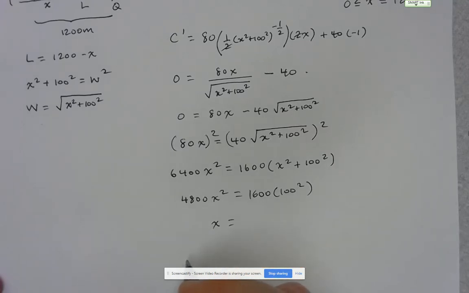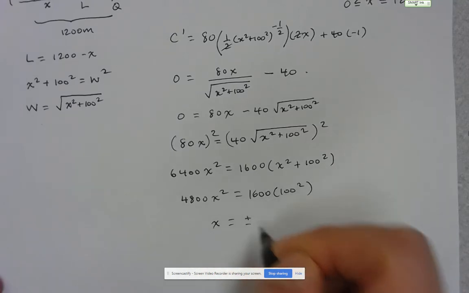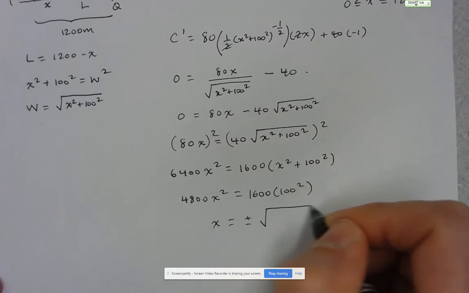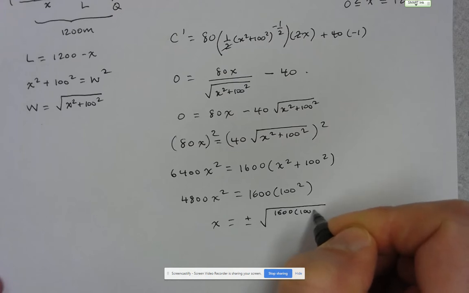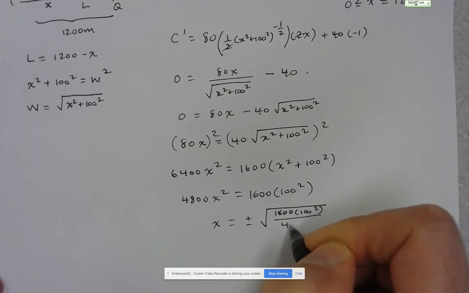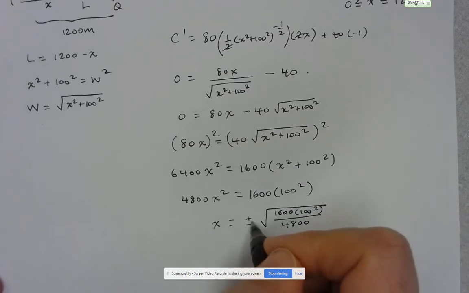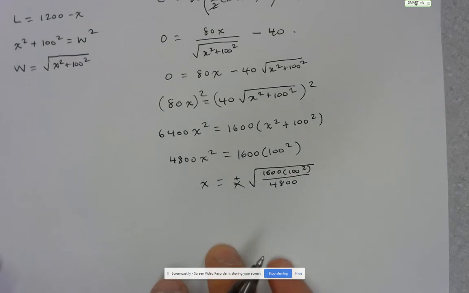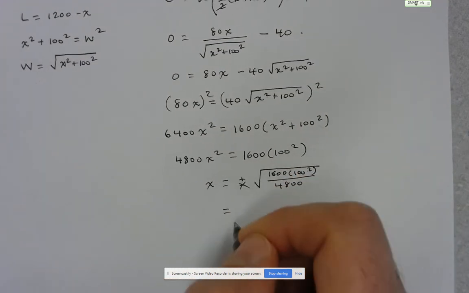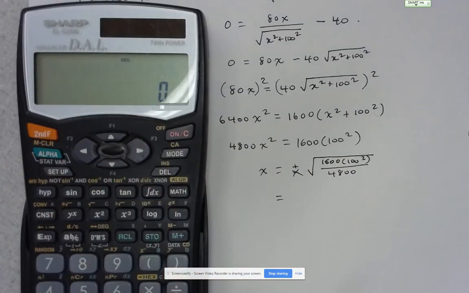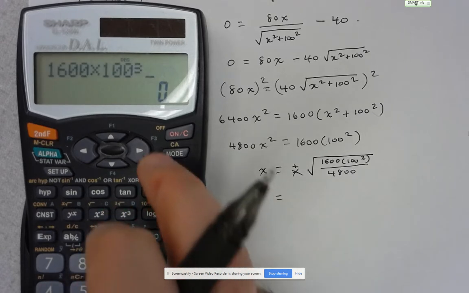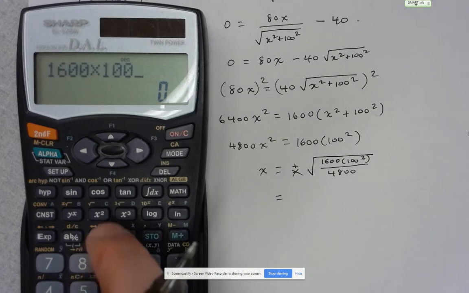So here, this is going to be plus or minus the square root of 1,600 times 100 squared all over 4,800. Okay, of course, I'm not interested in the negative value, since x is a measure of length, and so now let's stick this into our calculator. So we've got 1,600 times 100 squared. Oops, sorry, let's do that squared.